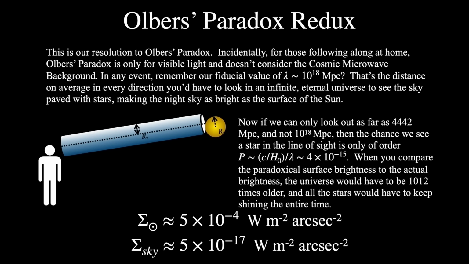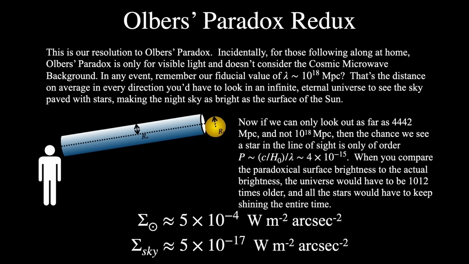Oh, and incidentally, for those of you following at home, Olbers' paradox is really only described for visible light, and it doesn't consider the cosmic microwave background. If we could see in microwaves, the universe would be uniformly bright at the temperature of 2.7 Kelvin, a uniform blackbody. But Olbers' paradox is about starlight, not about the cosmic microwave background.